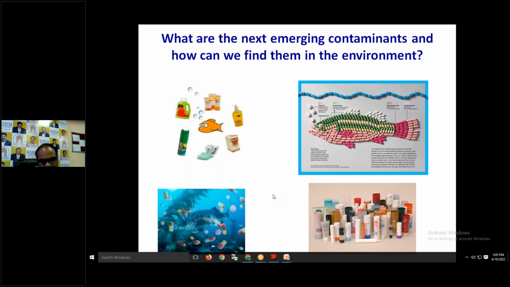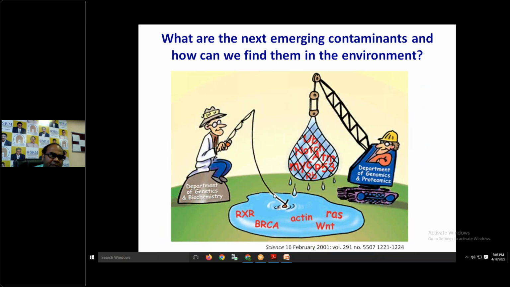This is the talk especially containing: what are the next emerging contaminants, how can we find them in the environment, and how are we going to identify them? You can see here different studies, like the Department of Genetics and Biochemistry.